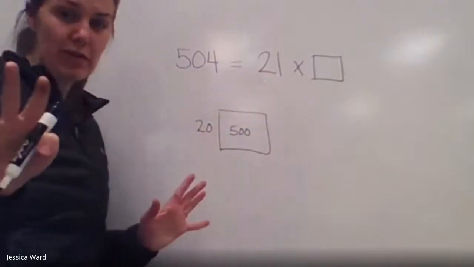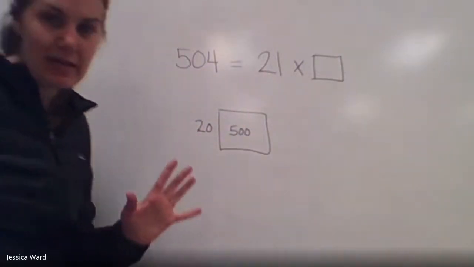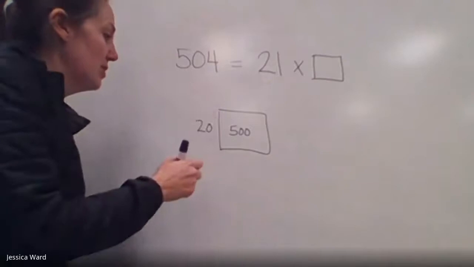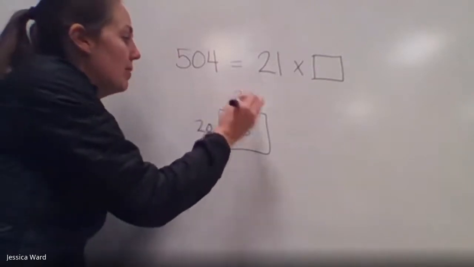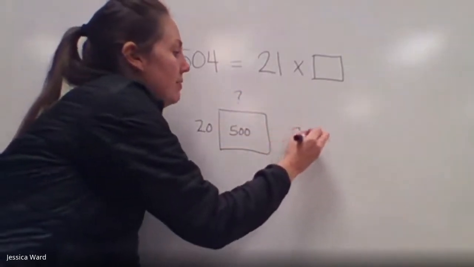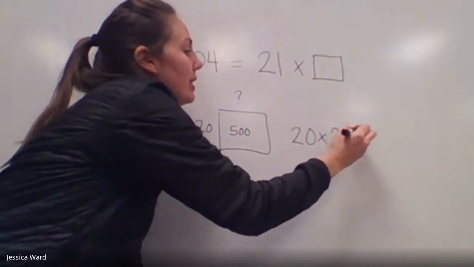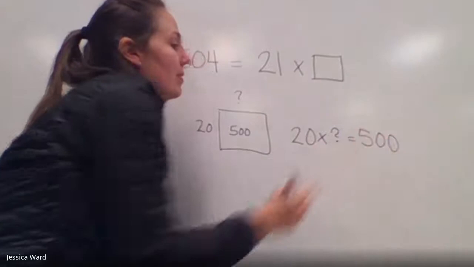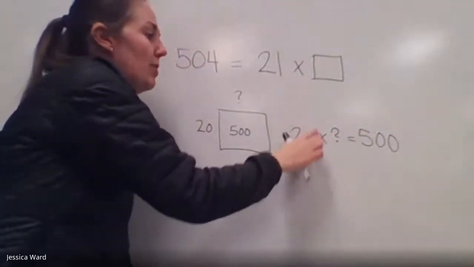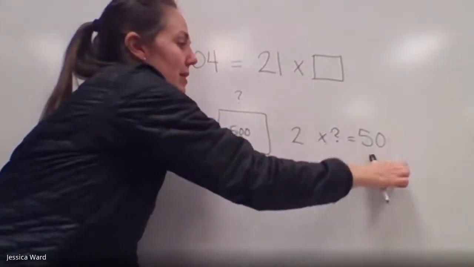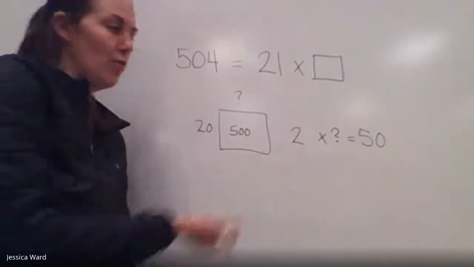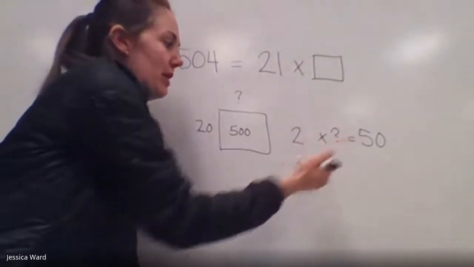So we're just ignoring those ones for right now because they're messing everything up, and we're just going to focus on the 100. So we're going to think what number times 20 would get us 500. I'm going to ignore my zeros for a second and say, so basically that's like saying what number times 2 is going to get 50?